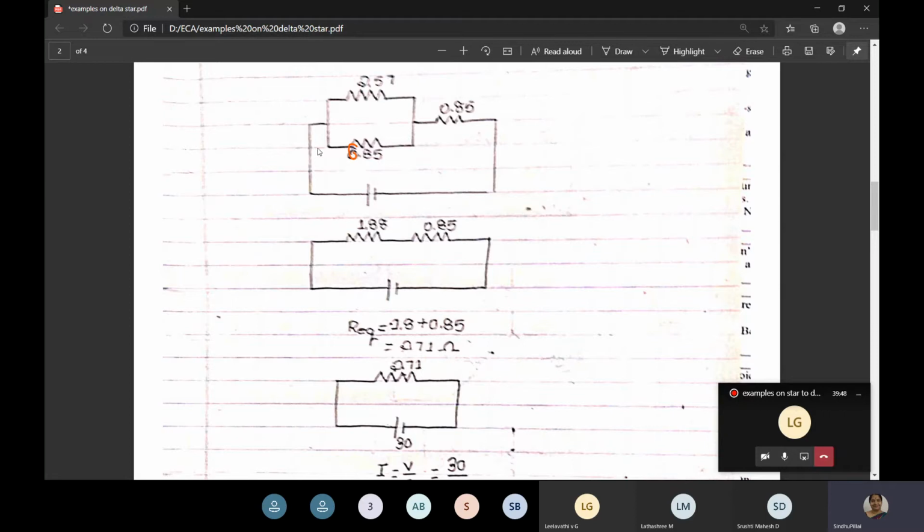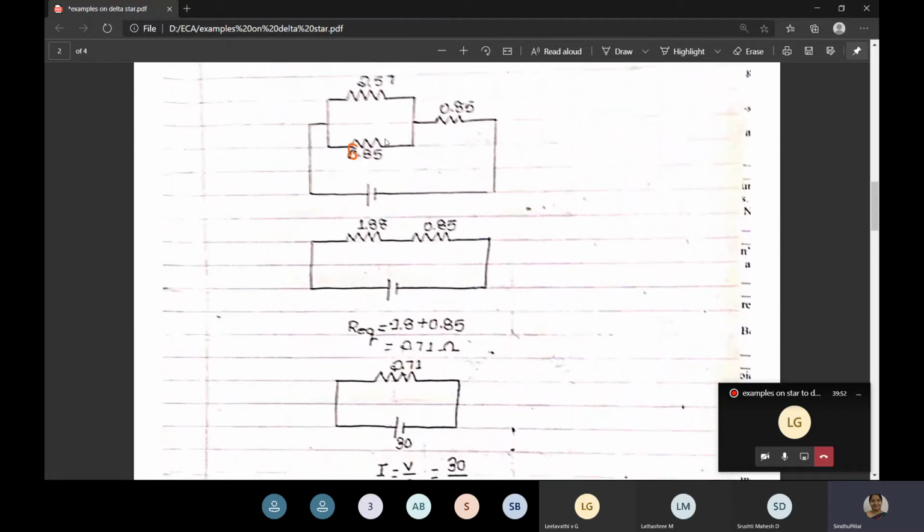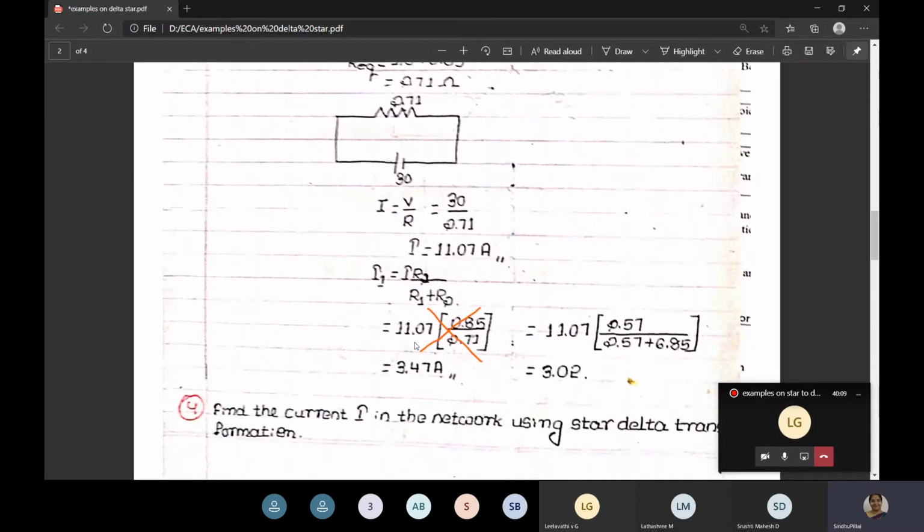So main current I is 11.07 into resistance of the opposite branch, which for 6.85 is 2.57. So 11 into 2.57 divided by sum of resistances, that is 2.57 plus 6.85, that is written here. Okay, this was wrong. I have put here. Don't see that.